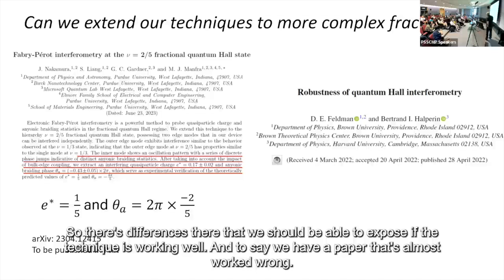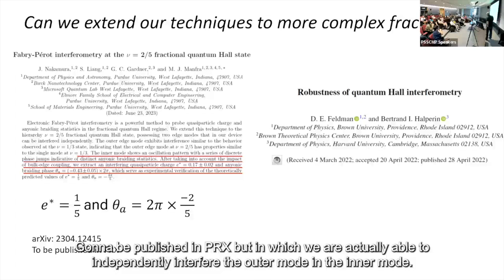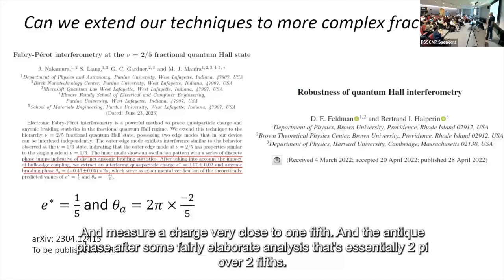As I say, we have a paper that's almost going to be published in PRX, in which we're actually able to independently interfere the outer mode and the inner mode and measure a charge very close to 1/5, and the anyonic phase, after some fairly elaborate analysis, is essentially 2 pi over 2/5.